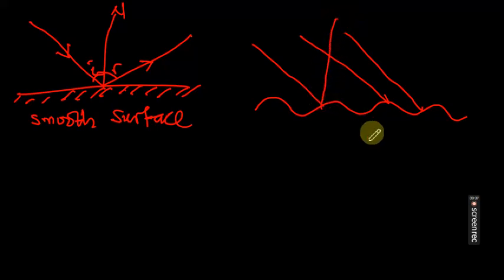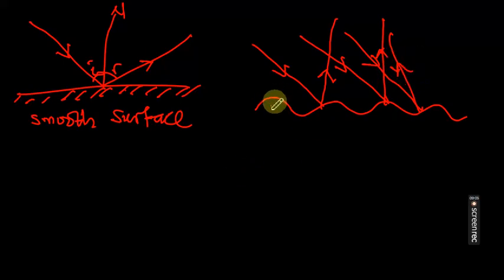This can go out this way, while this can go this way, and this can even go this way. So in irregular or diffuse reflection, angle of incidence is not always the same as angle of reflection.